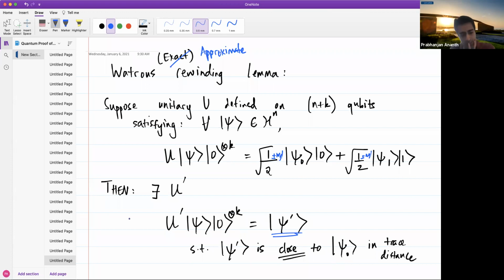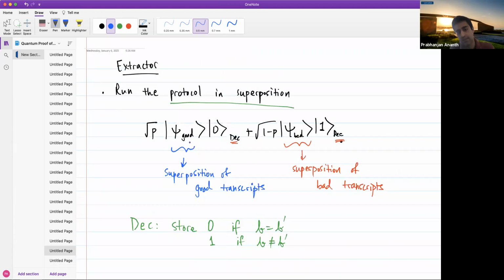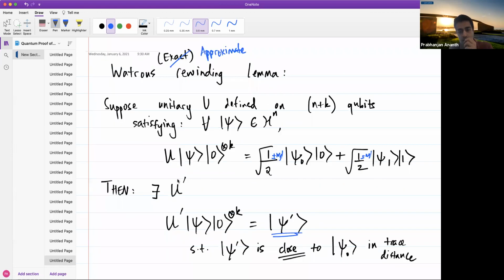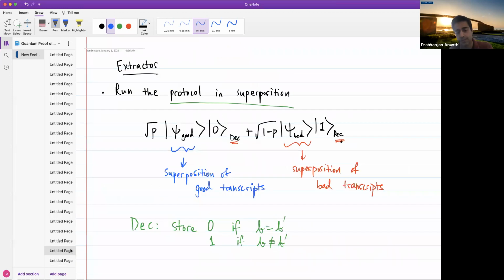Okay. And to see how to apply this lemma in our setting, you should really think of psi 0 as being psi good, and you should think of psi 1 as being psi bad. So the goal is to end up with good transcripts, right?